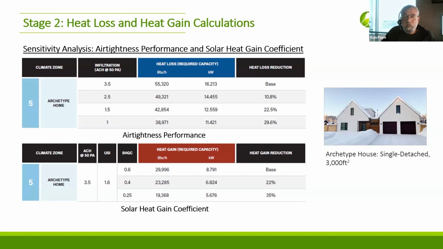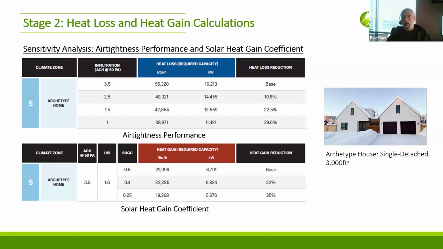We took 3 different numbers, 0.25, 0.4, and 0.6 in this house, and just saw what would happen if we changed the coating on the glass. This is the coating that filters the solar waves coming through the glass, and therefore the solar gain in the house.